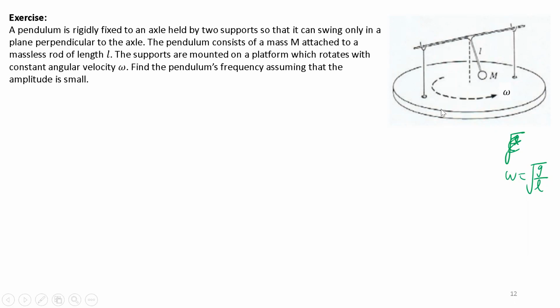Just imagine that you're looking at this pendulum from this side, such that the plane of the motion is just along this page, doing motion like this.